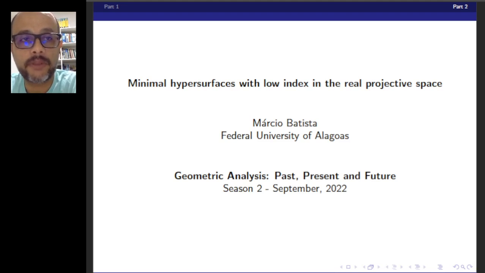In the first part of the talk, I presented some notations, some important results in the literature, and also recalled very important functions associated to immersions of hypersurfaces in the Euclidean round sphere.